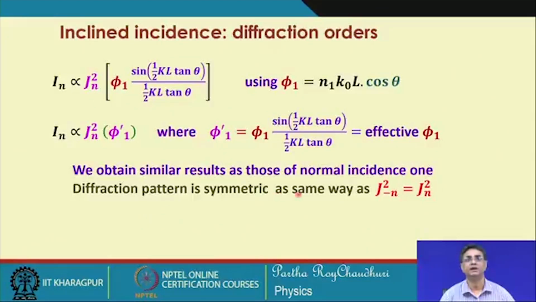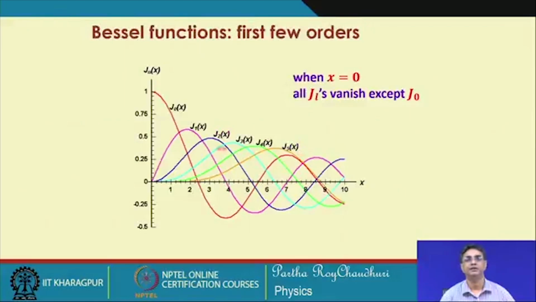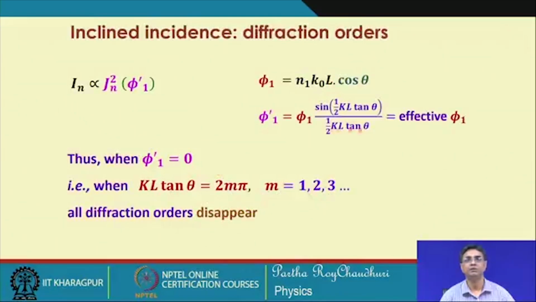So, the diffraction pattern is symmetric as we obtained in the earlier cases because of this identity of the Bessel functions. So, for oblique incidence we find that it is the same, but the effective value of phi is now modified. Now, this is an interesting situation that arises when you have this phi dash equal to 0.